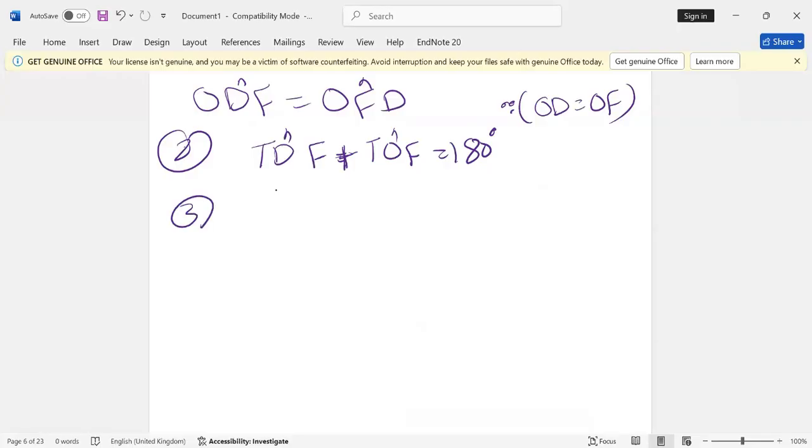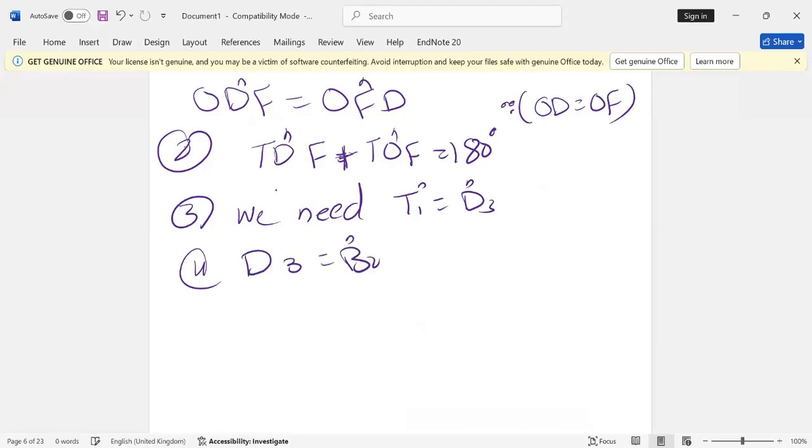Third point is that now if we say that T1 equals T3, okay? Angle subtended by the chord DF, T1 equals T3, and we have to prove that. So using the angles subtended by DF, we need T1 equals D3, all right? So we say that D3 equals B2, all right?